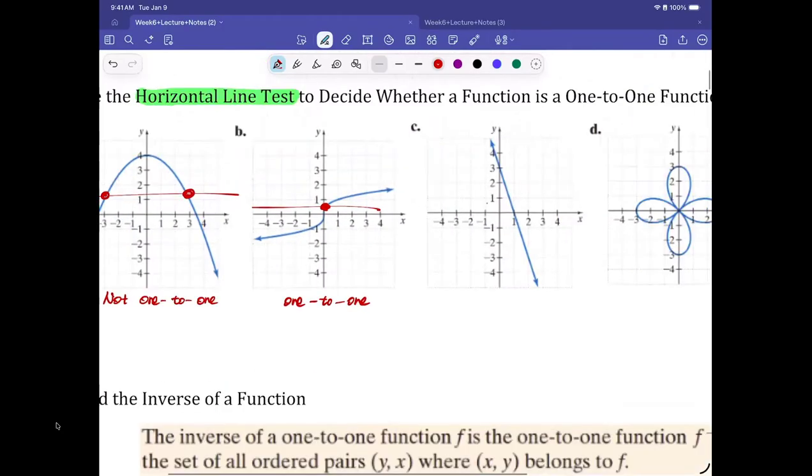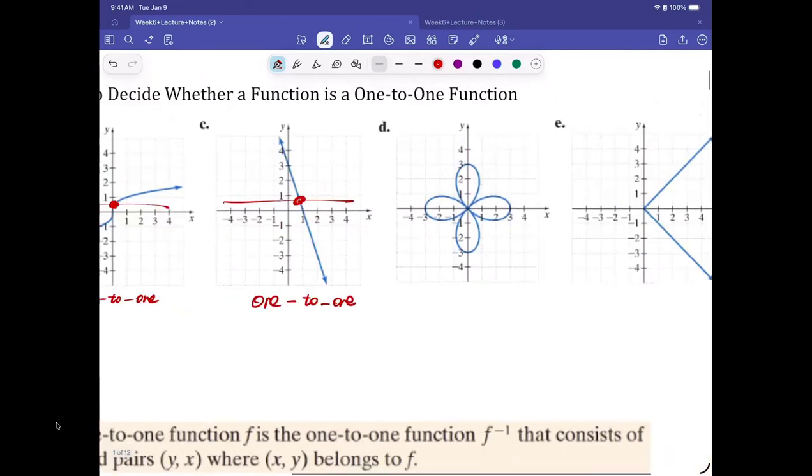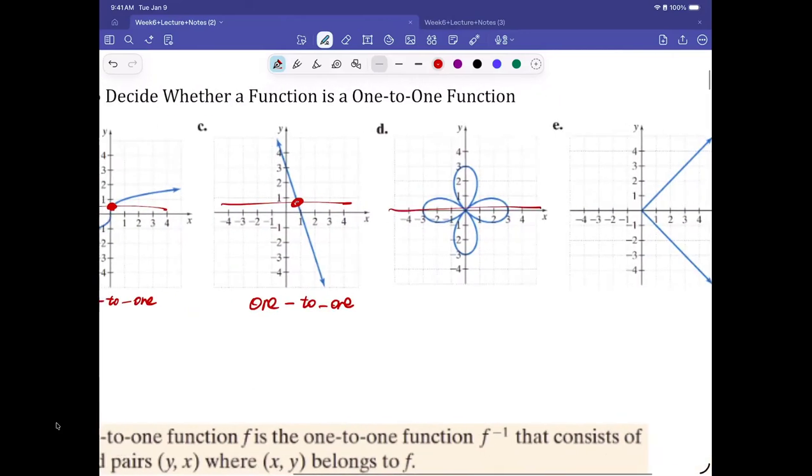What about this one? 1-to-1. So B and C touch only one time, right? But letter D, well, 3 times maybe, or 4 times. So not 1-to-1.